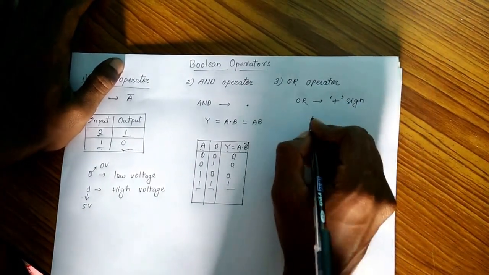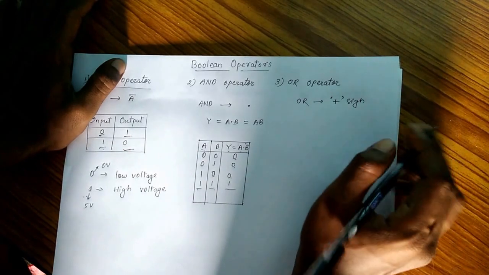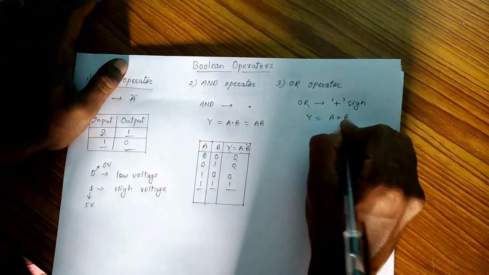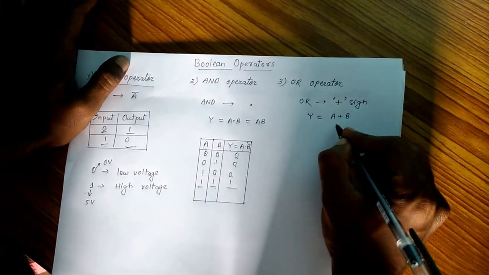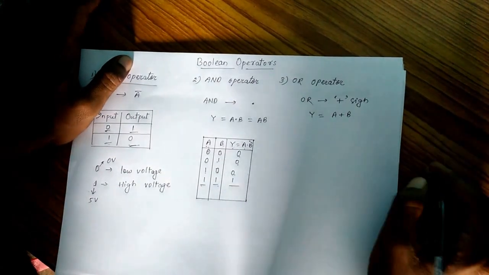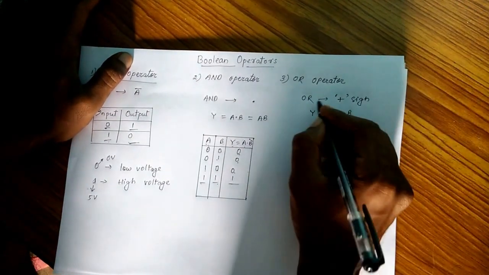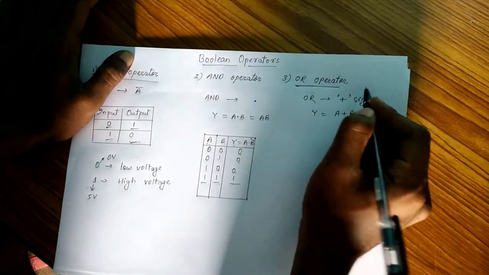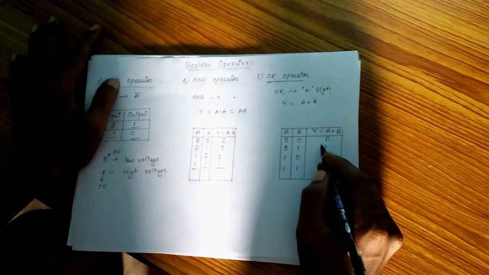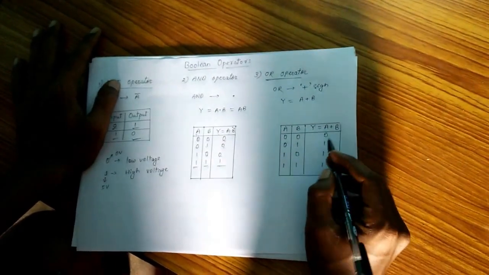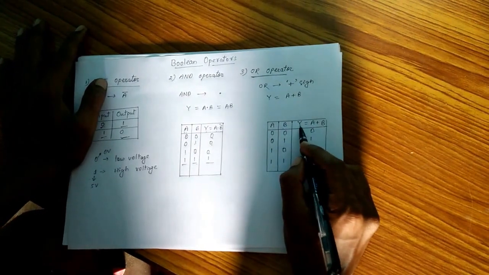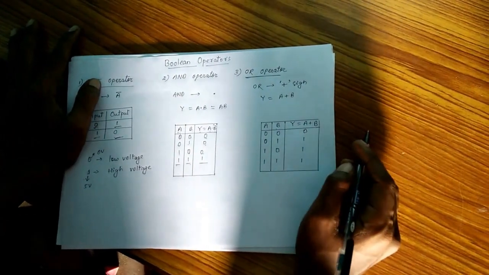We write the OR operation between any two variables A and B as Y is equal to A plus B. We read it as Y is equal to A or B, not A plus B. And I'm going to tell you about this OR operation with the same kind of table. Here you can see the table. There are two inputs A and B, and the output is Y, that is equal to A or B.